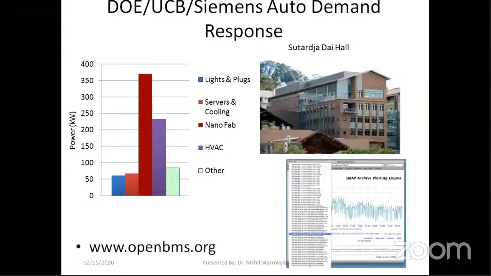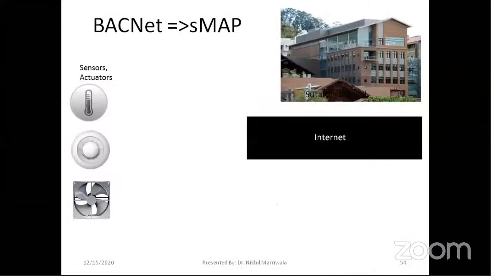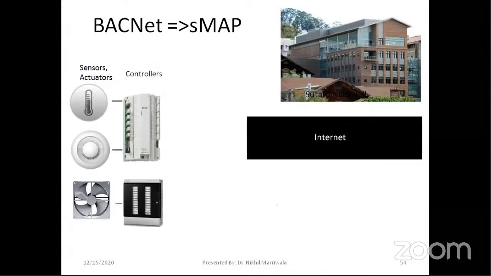So this is a Siemens auto demand response building where lights, plugs, servers, nano fabrications, and other devices are being controlled through different protocols, right? So this is a Siemens framework where they are utilizing the internet features and the protocols to control their sensors and actuators, and hence reducing their load, right?